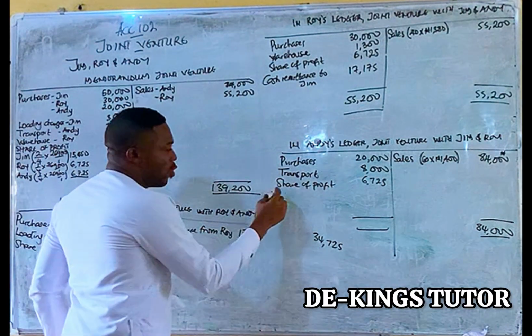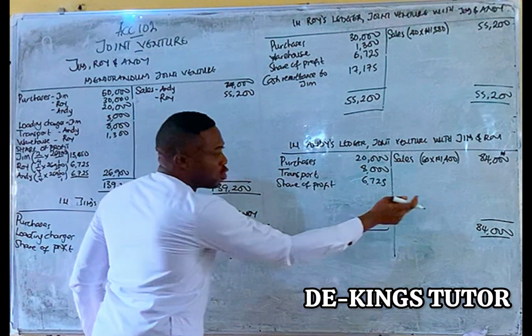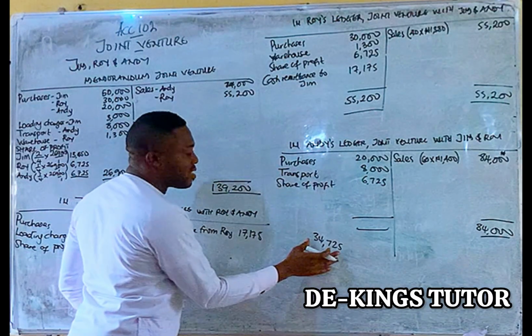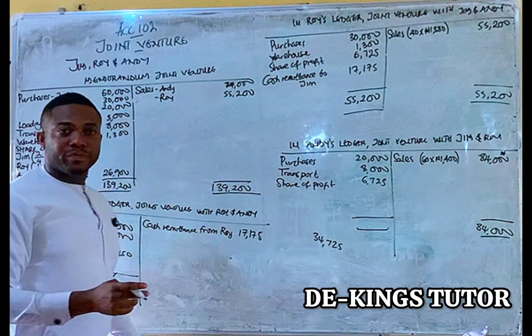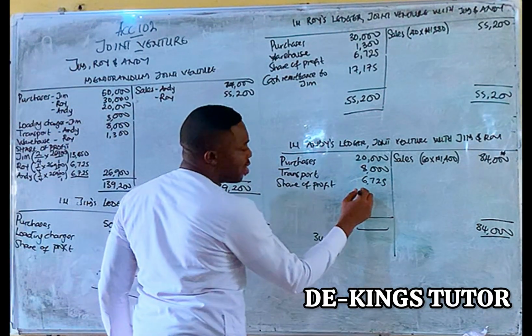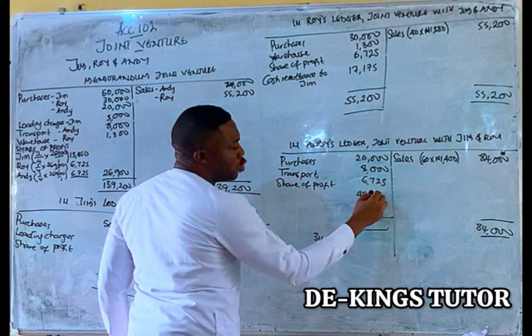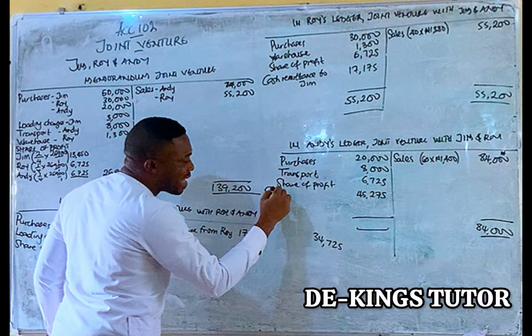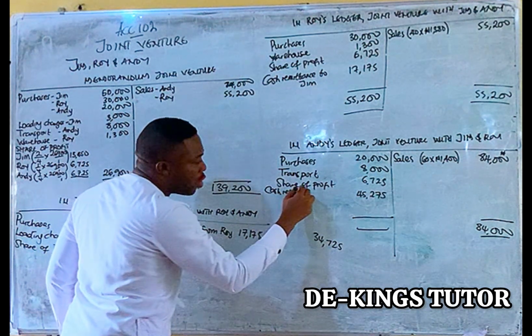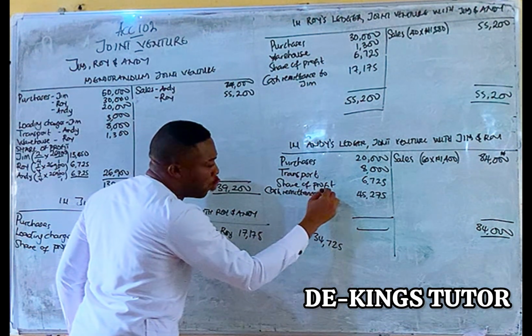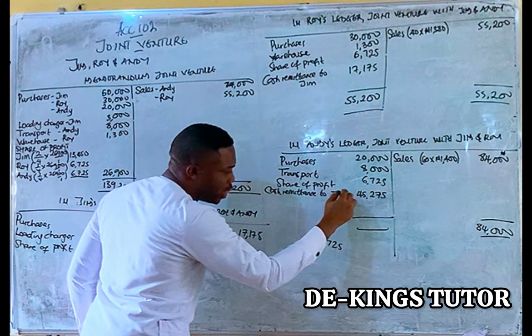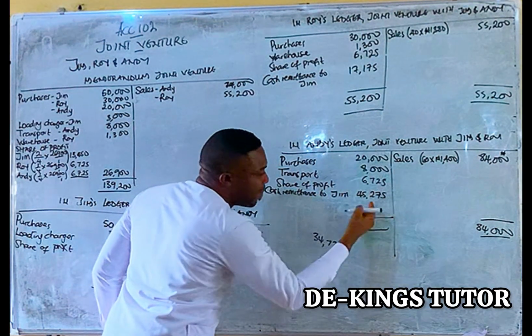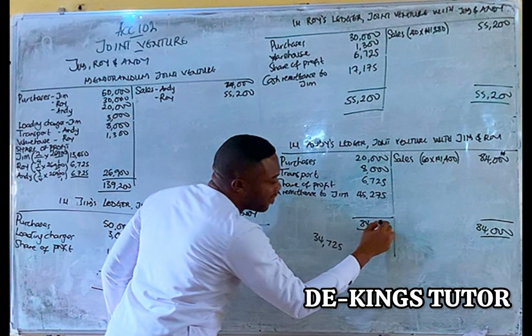So we are going to get the difference. So 84,000 minus 34,725. What do we have? 49,275. Okay? So it will now be cash remittance to who? To Jim. So if we balance this, this will give us 84,000.